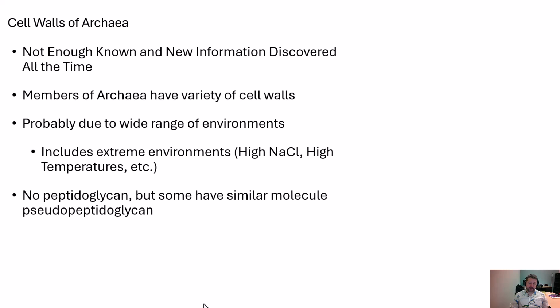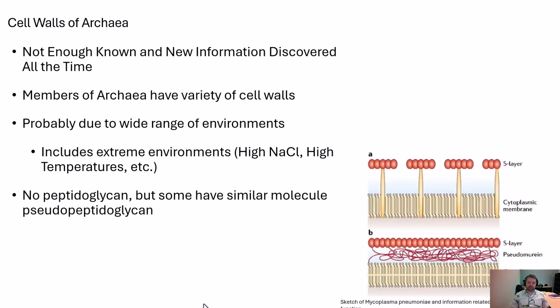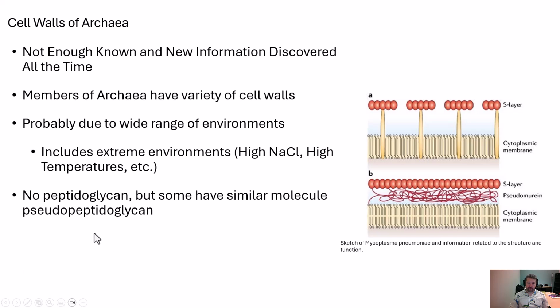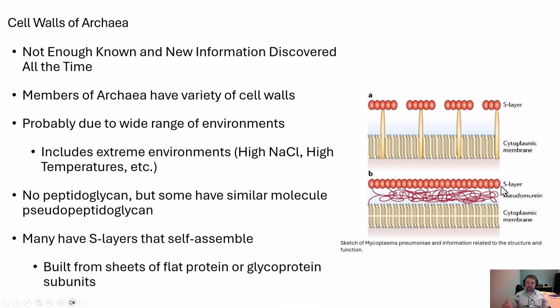And right now we're just discovering new pieces, like pseudopeptidoglycan, and pseudomurein and pseudopeptidoglycan are the same term, or have the same meaning. It's not quite peptidoglycan, but it has a similar structure, like a glycan layer, strung together outside of the cytoplasmic membrane. And then there are these S layers, and these S layers are often glycoproteins, or some type of protein layer that goes on the outside.